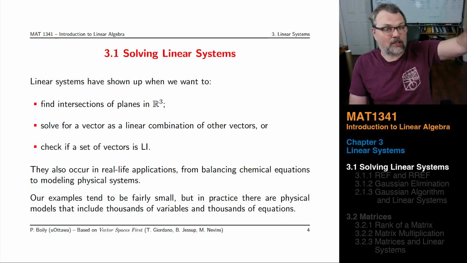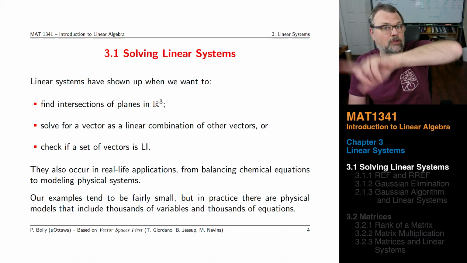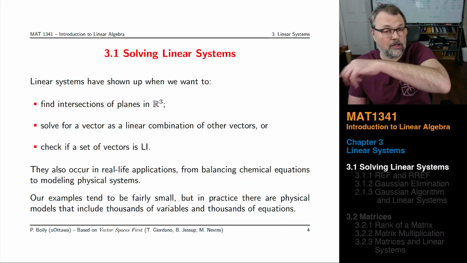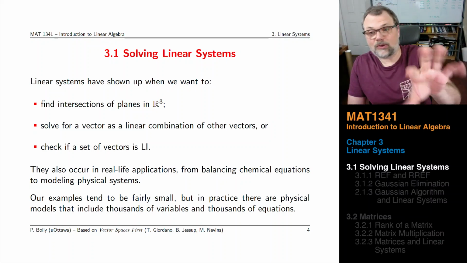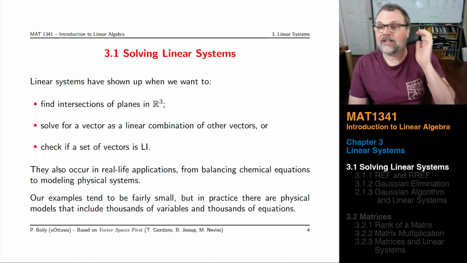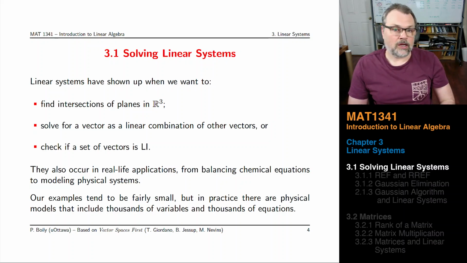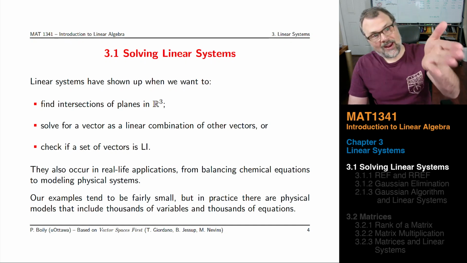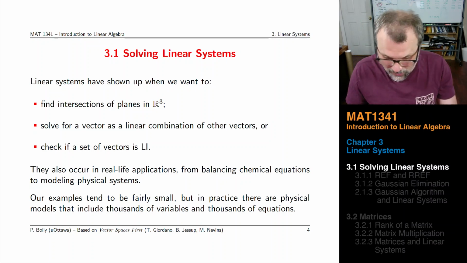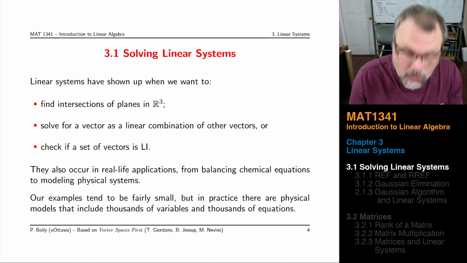We would say x, y is equal to a times the first vector plus b times the second vector plus c times the third vector. And then we had to find values of a, b, c that would give us this vector x, y as a linear combination. They also arise if we want to check if a set of vectors is linearly independent or not.